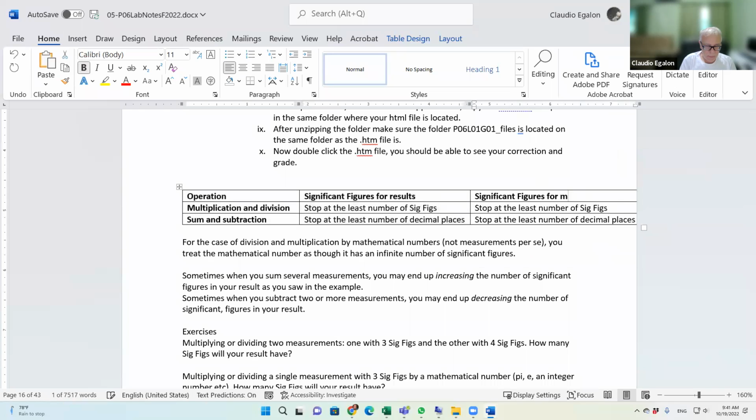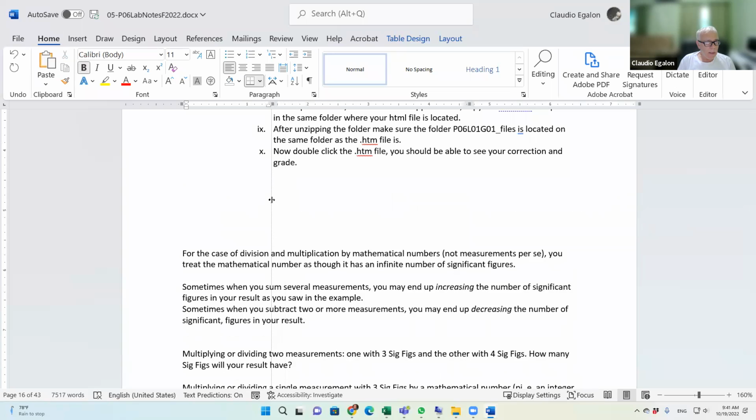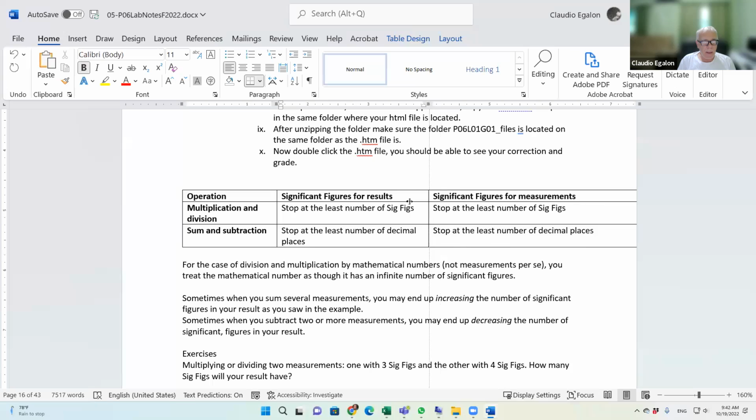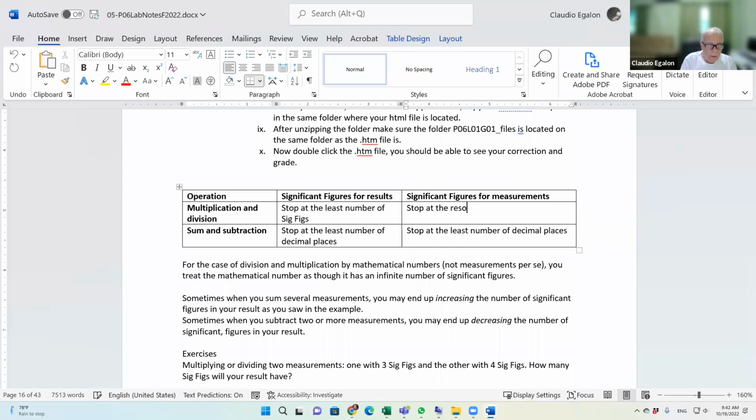For measurements, stop at the resolution of the instrument, right?